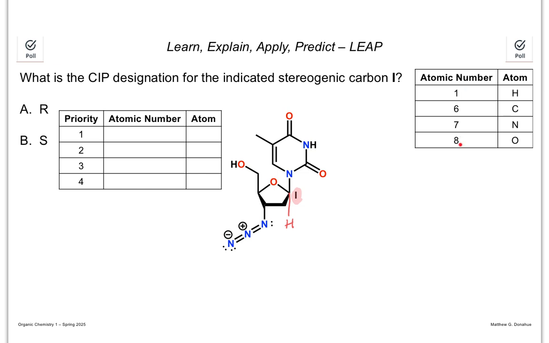So using the atomic numbers for the different atoms, we can assign priority. So we have C, N, and O. So O is going to take priority, oxygen. So we'll put 1 there, 2 for nitrogen, and then 3 for carbon.